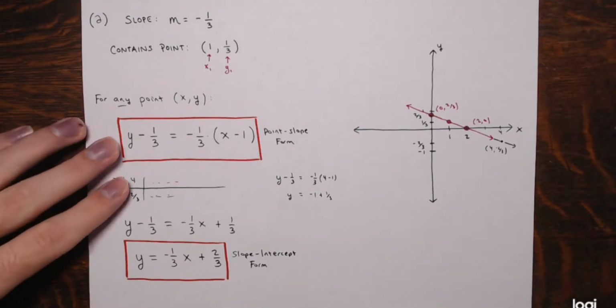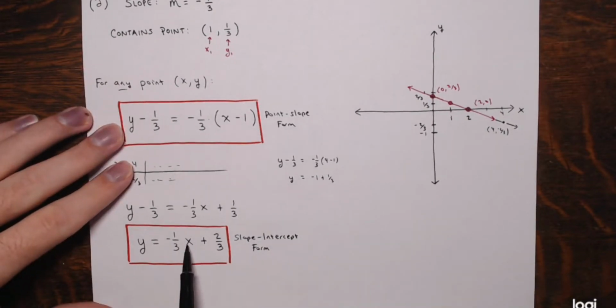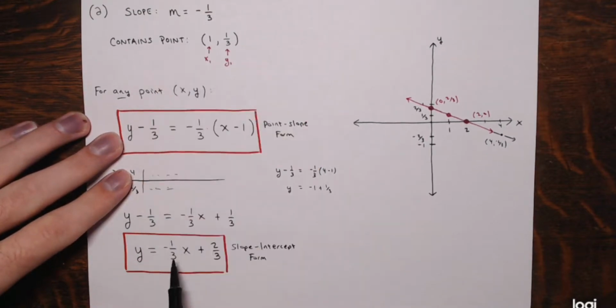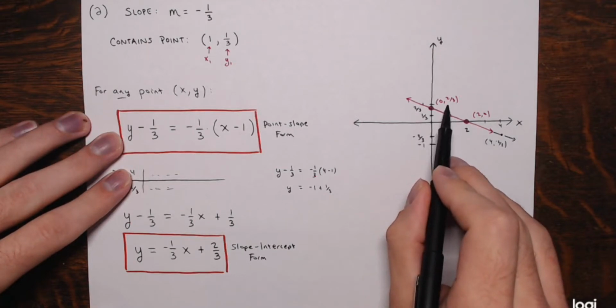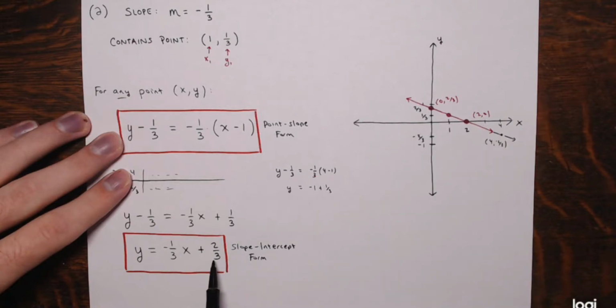And you see the slope is the coefficient of x. Y equals mx plus b. M is negative 1/3, as we were told, the slope is the coefficient of x here. And then 2/3 is the y-coordinate of the y-intercept, as we already saw in my drawing here. The y-intercept is (0, 2/3), which we're seeing, positive 2/3 here, plus b.